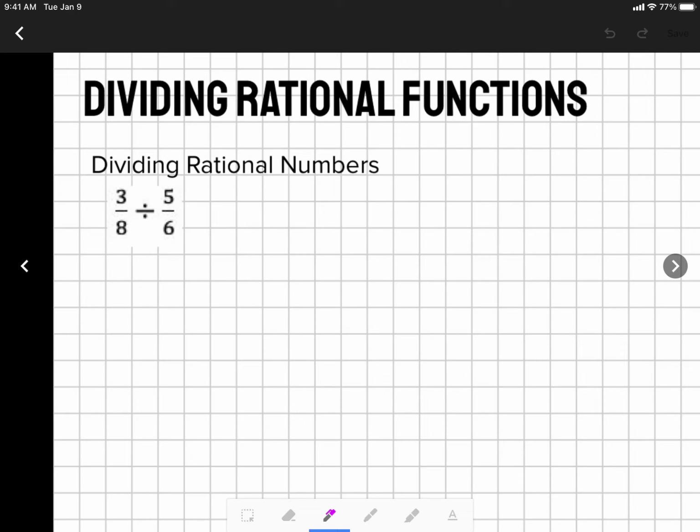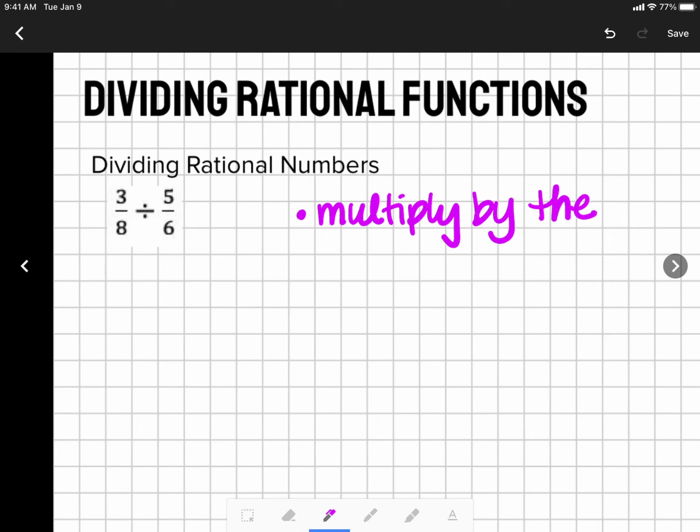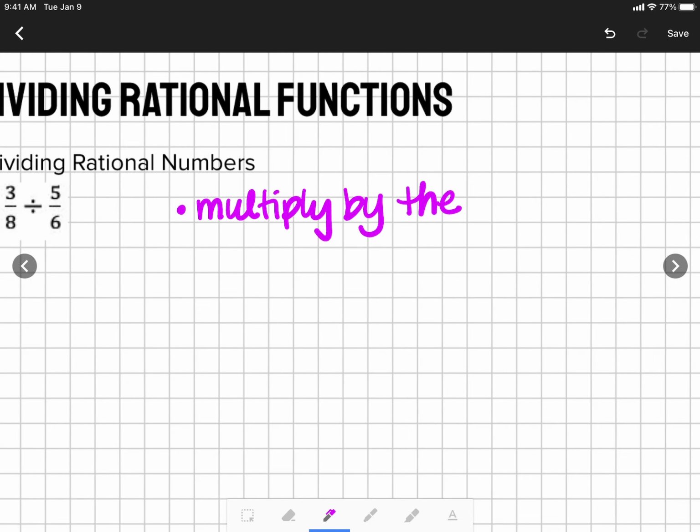I actually learned it as this karate chop move, invert and multiply, and I have never forgotten that. Essentially what that means is that when we're dividing by a fraction, we're multiplying by the reciprocal. So I'm going to write that out, multiply by the reciprocal. And that just means flip that second term upside down.